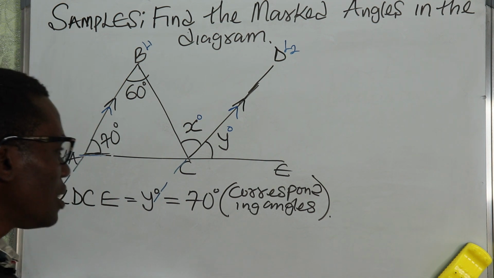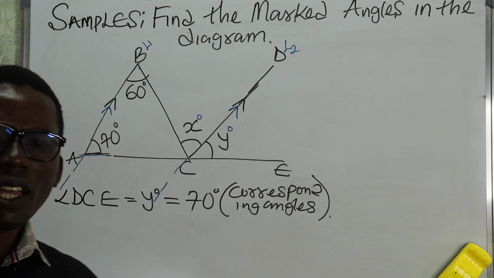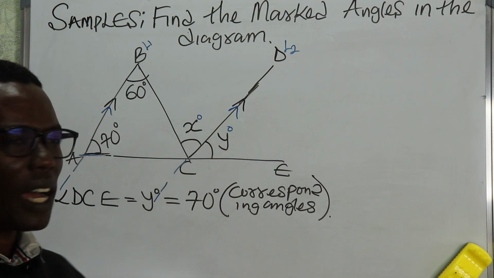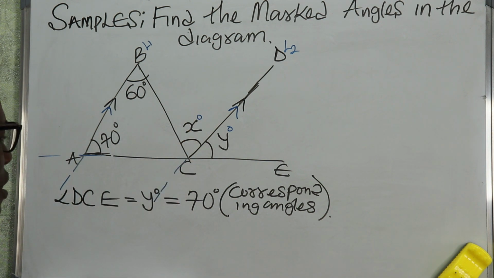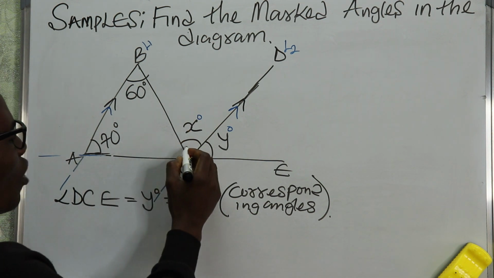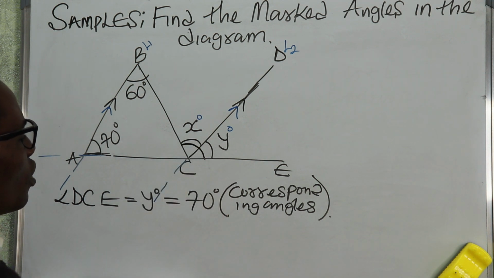Now let's come to analyze this once more. Having gotten Y, our focus now goes to X. How can we get X? Remember that all these are angles belonging to what?